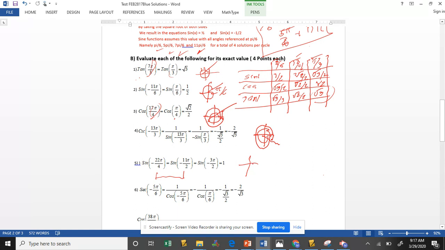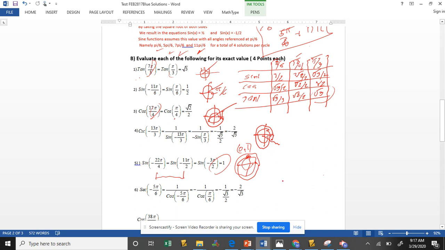So it's negative 5 pi, which is 2, 4, 5, and lands you up here, right at the 0, 1. And we're asking for the sine, which is the y value, so that's 1.